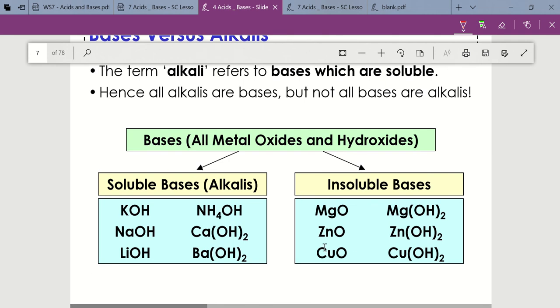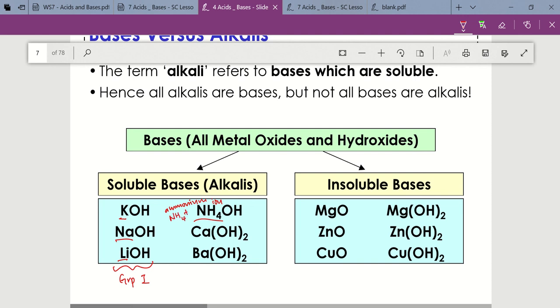You can see that this portion over here are group 1 hydroxides, because this is potassium, sodium, lithium, all belonging to group 1. This over here is ammonium, the ammonium ion, which is NH4 plus.